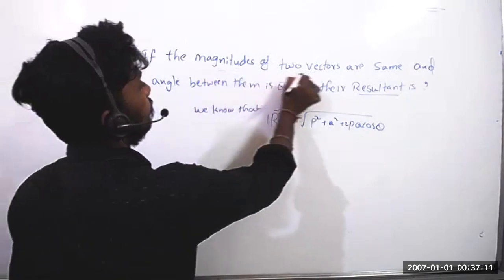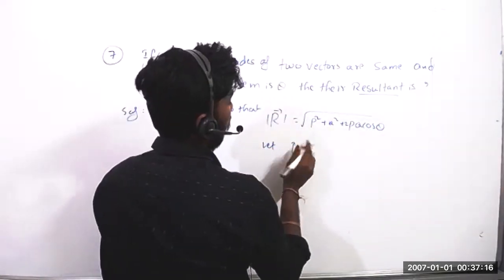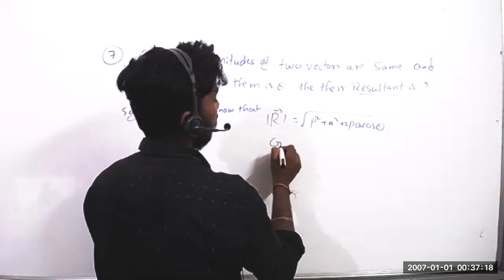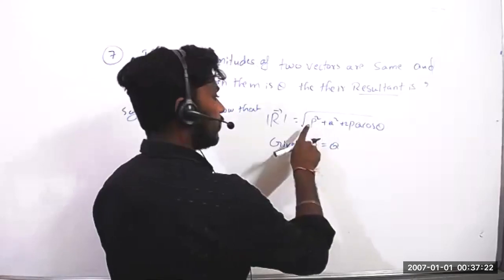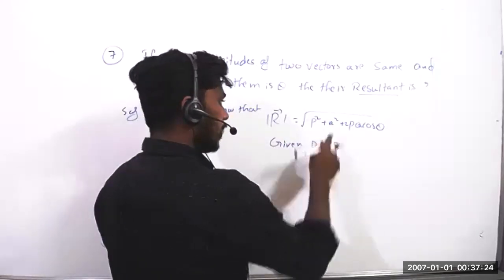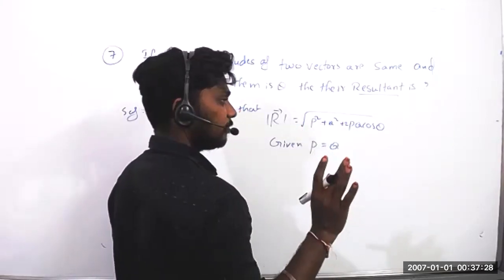Magnitude of two vectors are same. That means P and Q are same. Here given P equal to Q. That means wherever I see Q, I can place P. Otherwise, wherever I see P, I can place Q. Right?